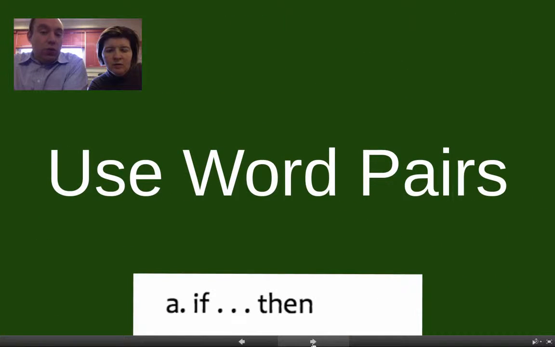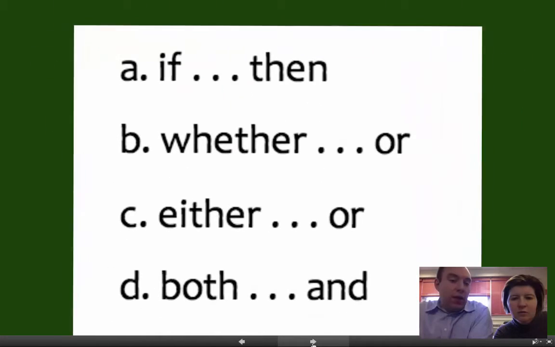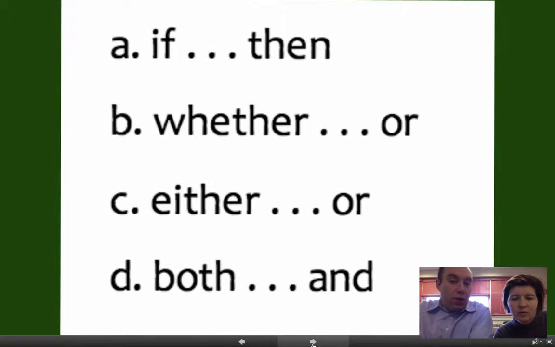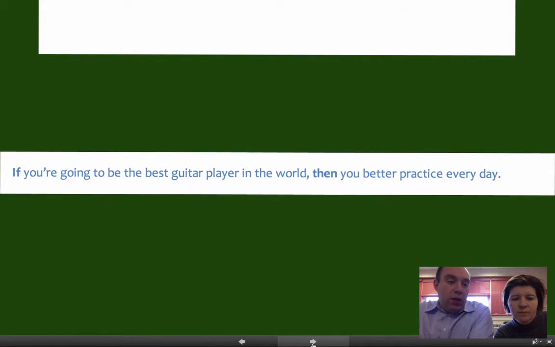Another thing you can do is use word pairs, which is a little bit more sophisticated as well. Some things you could do would be to say, if this, then that, or whether this or that, either or, both and. So let me show you an example of what this would look like as a topic sentence. If you're going to be the best guitar player in the world, then you better practice every day.